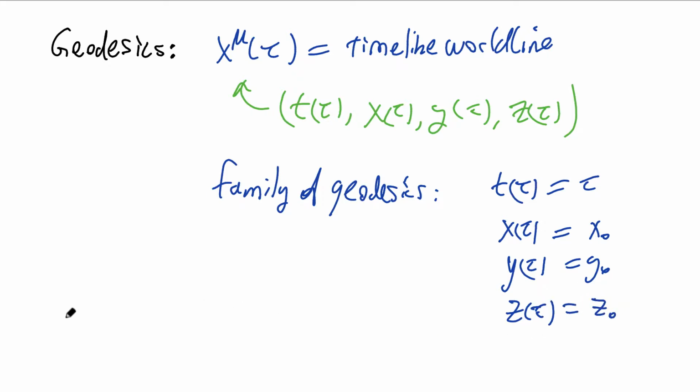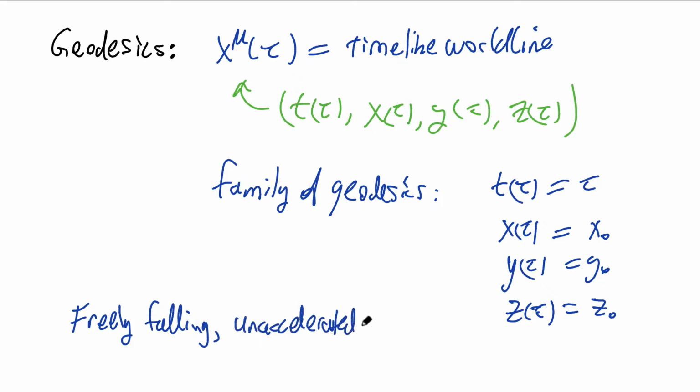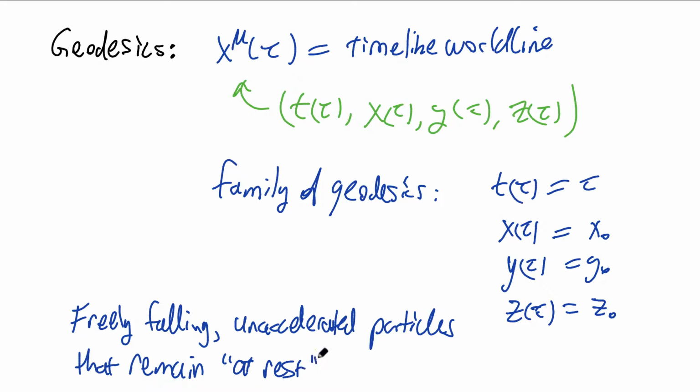In other words, there's a family of freely falling, unaccelerated particles. Of course, freely falling implies that they're unaccelerated, and vice versa, that remain at rest in this coordinate system. In other words, they remain at constant values of the spatial coordinates, the x, y, and z coordinates.